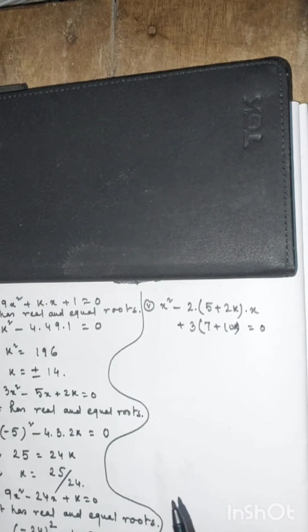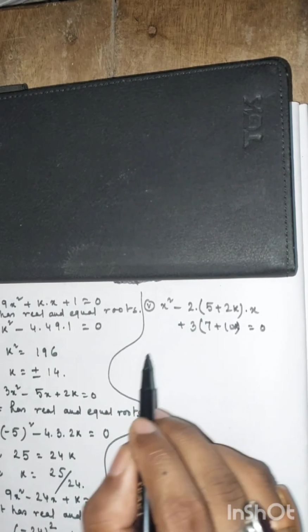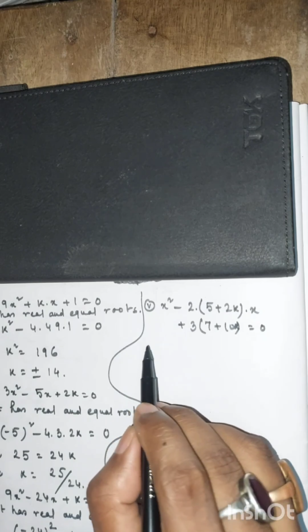Now let us find out the discriminant. So it has real and equal roots.